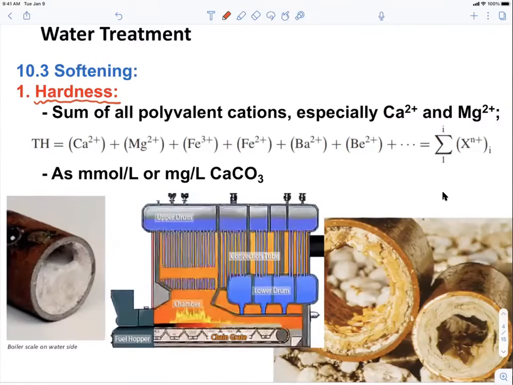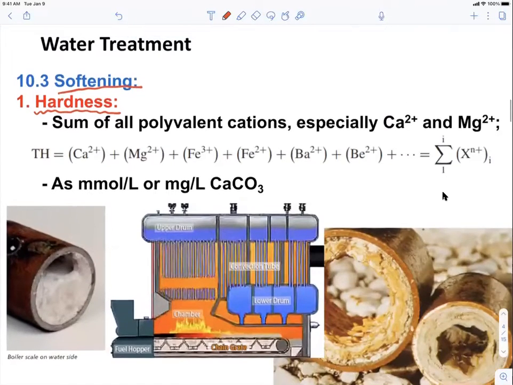So it's likely that this hardness can block the water pipes and then cause leaks or cause bursts, right? So they may cause problems. So we have to measure the hardness of the water before we distribute it to the household. And also we need to soften the water if we realize that the hardness is too high.